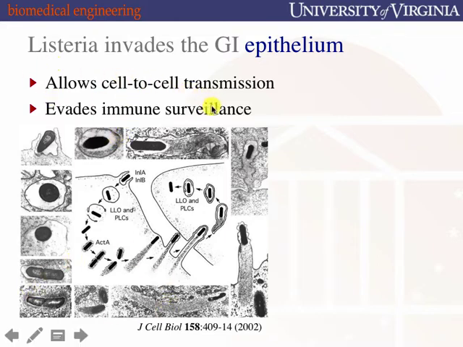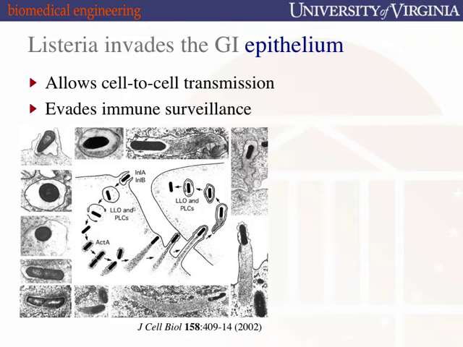Okay. All right. So Listeria allows cell-to-cell transmission once they become invasive. Once they get out of your gut and into your system, they undergo this basic life cycle. Similar to the botulism toxin that we talked about, this has cell surface proteins on the coat of the bacteria that activate phagocytic or endocytic mechanisms of your cells.